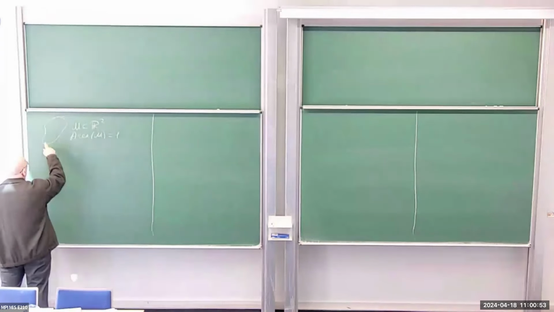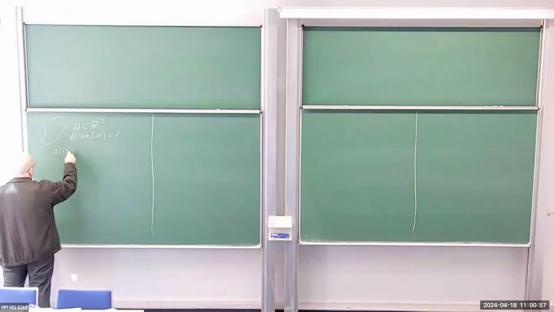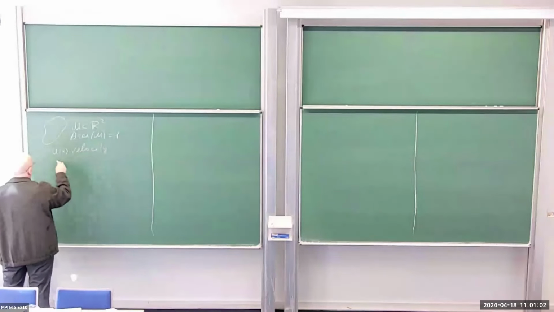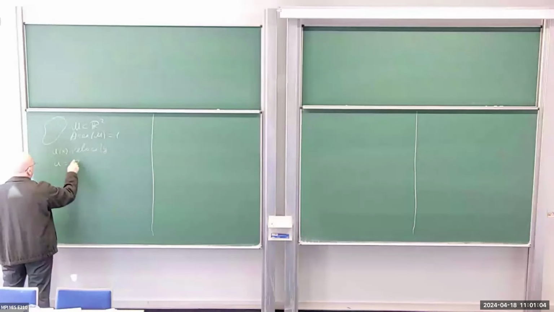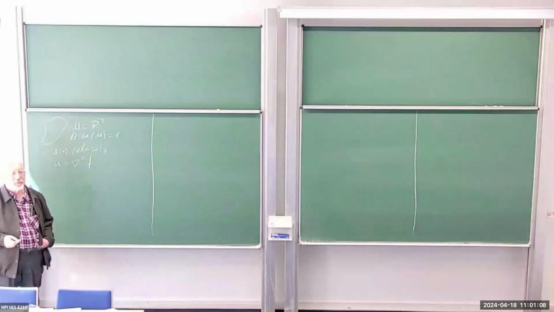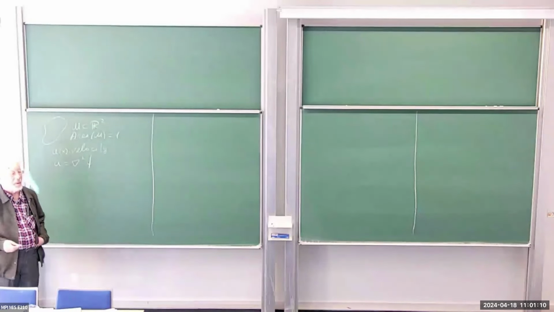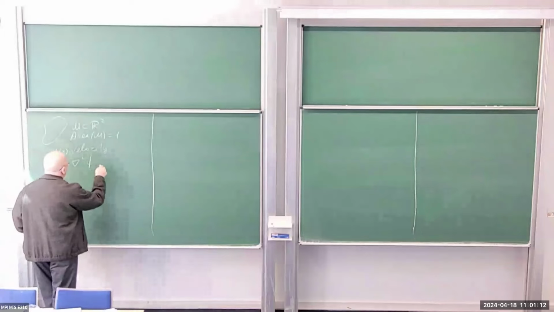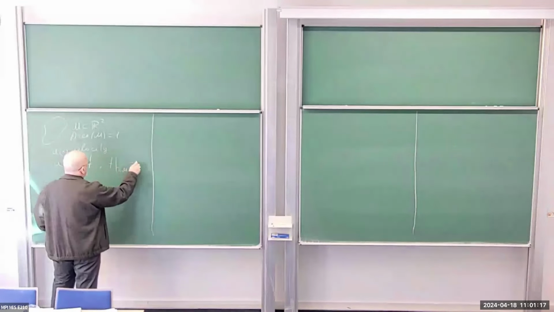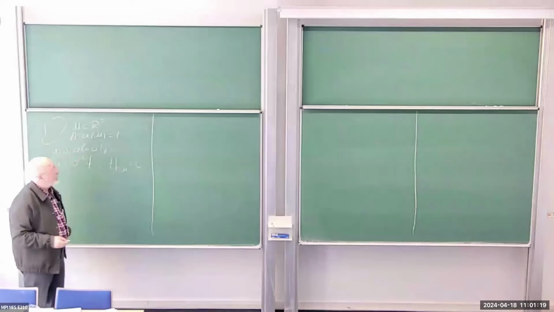U is the velocity field, the gradient of the stream function. Let's take the speed from the M equals 0.